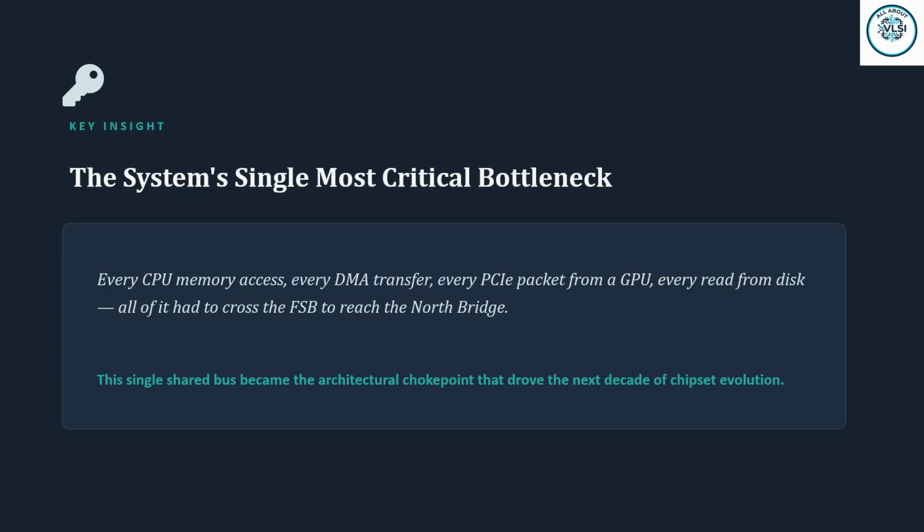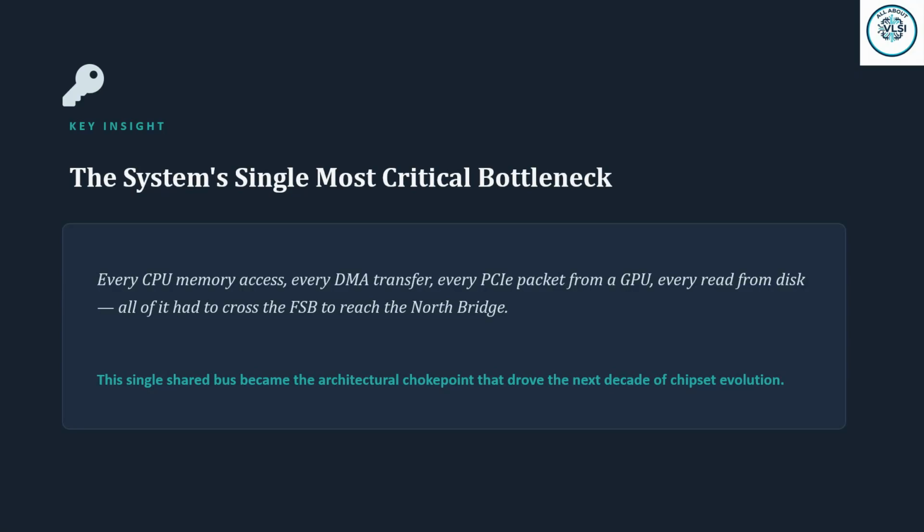Basically, every CPU memory access, every DMA transfer, every PCIe packet from a GPU, every read from a disk, all of it had to cross the FSB to reach the north bridge. So from the south bridge it goes to the north bridge, from the north bridge it goes to my FSB, and from the FSB it goes to the processor.